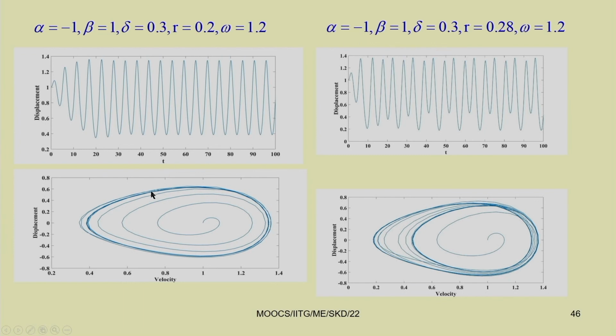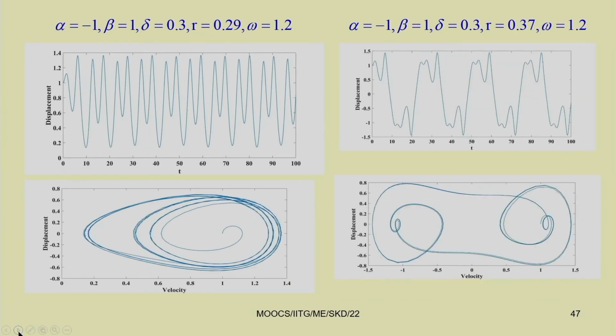By changing the parameter, you just see here r is 0.2, now it is changed to 0.28. By increasing it to 0.28, you can see it will have a 2 periodic response. This is one and this is the other one, it is not clearly shown, but you can plot yourself and verify the steady state part, it is 2 periodic.